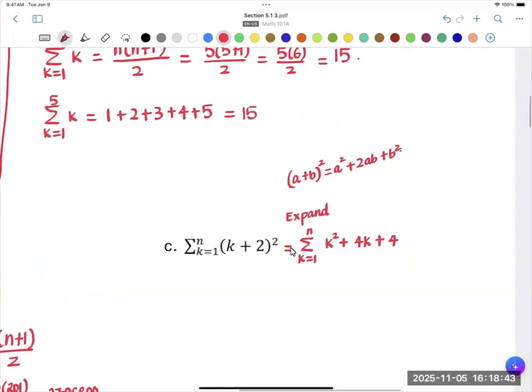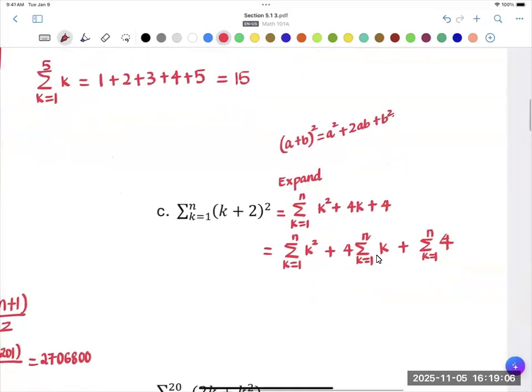Now I have the summation of 3 individual terms, so I will break them down: the summation of k squared plus the coefficient, bring it to the front, 4 times the summation of k, plus the summation of 4.